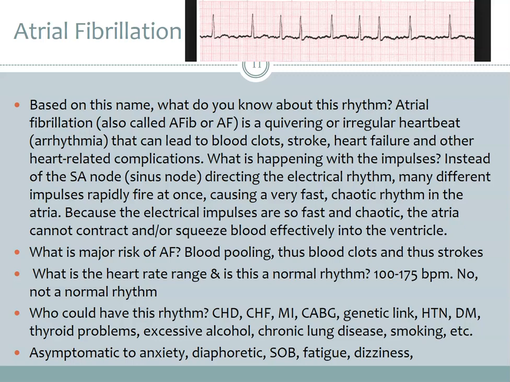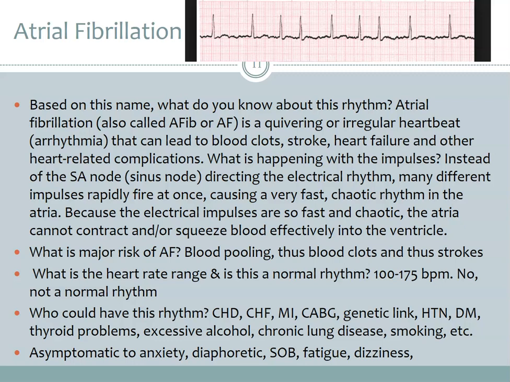So it sits there and the ventricles aren't able to effectively squeeze it through, and then when it does, it could send a blood clot through. So that blood pooling is very, very risky, and it puts us at a much higher risk for strokes. Again, the heart rhythm or heart rate is going to be between 100 and 175 beats per minute. No, it is not a normal heart rhythm.